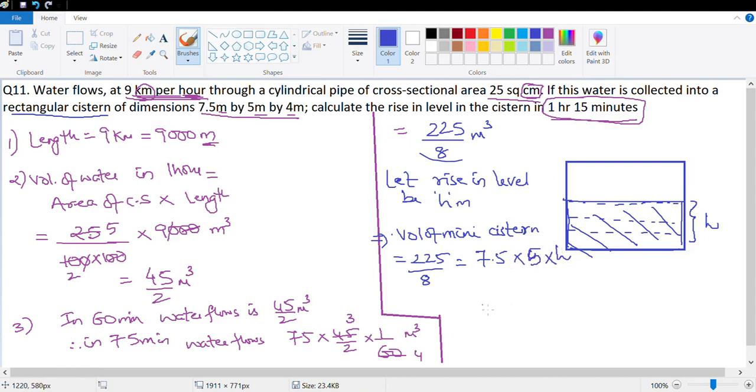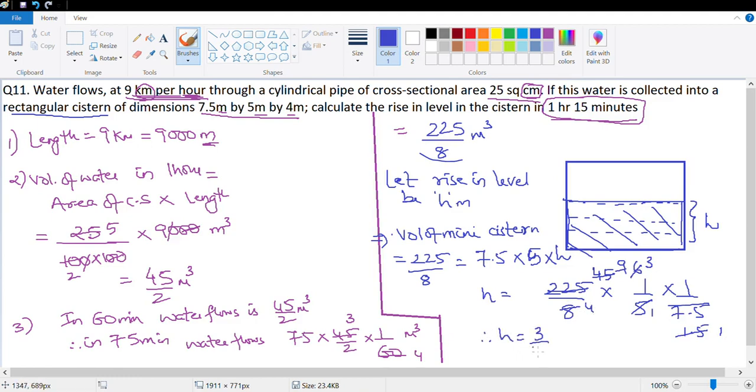Now we need to calculate h, which means h would be equal to 225 upon 8 multiplied with 1 upon 5 multiplied with 1 upon 7.5. Right, so that's 5 into 4, 20, that's 45. Therefore, height is equal to 3 by 4 meter is equal to 0.75 meter is equal to 75 centimeter.